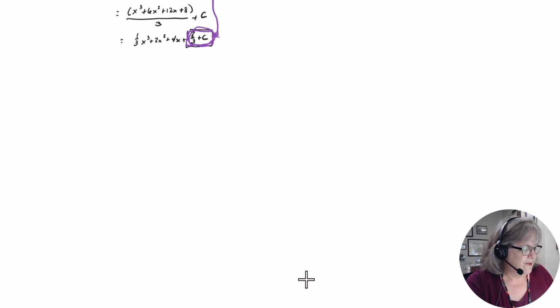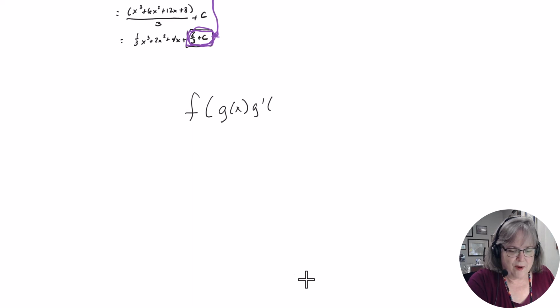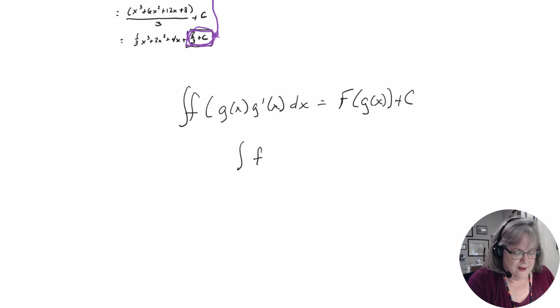An alternative way to explain this is to say f of g of x times g prime of x, integrating that with respect to x, gives me back my original function in terms of g plus c. Some books use this description.